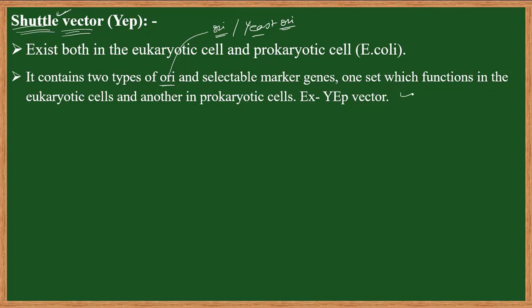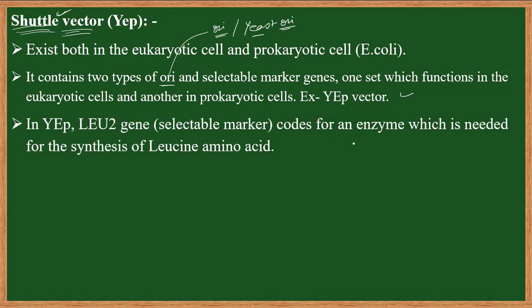So here is one example, the YEp shuttle vector. Here it is written what the role of LEU2 is. This one is a selectable marker and codes for an enzyme which is needed for the synthesis of leucine. So this enzyme participates in the formation of leucine.